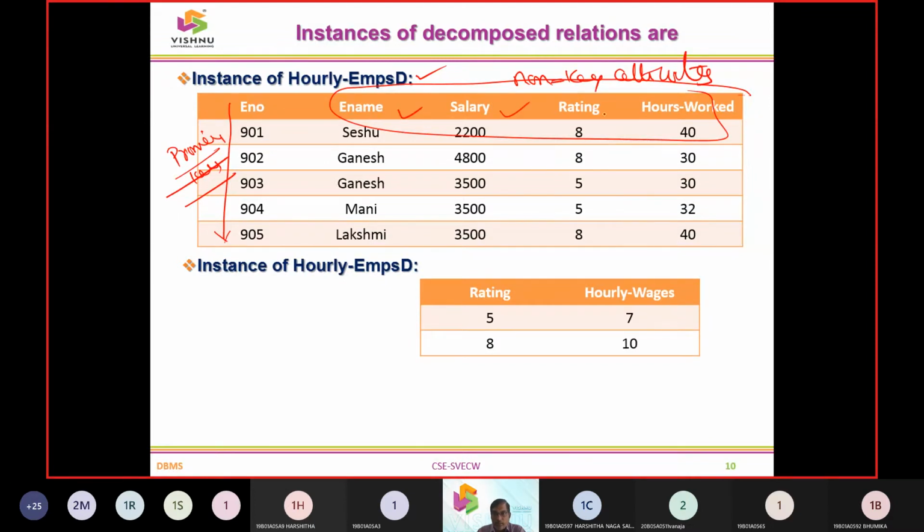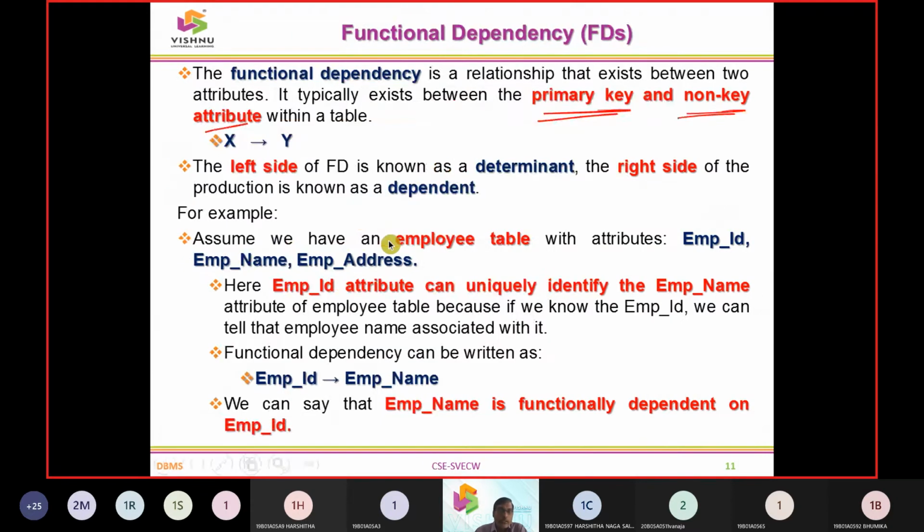Employee name, salary, rating, wages. These items are called non-key attributes. Okay, that is also taken. Now, what are we talking about? We were talking that a functional dependency is going to exist between key and non-key items.